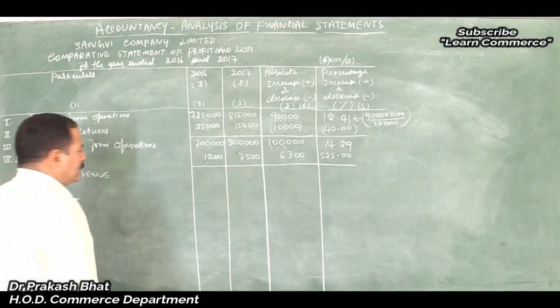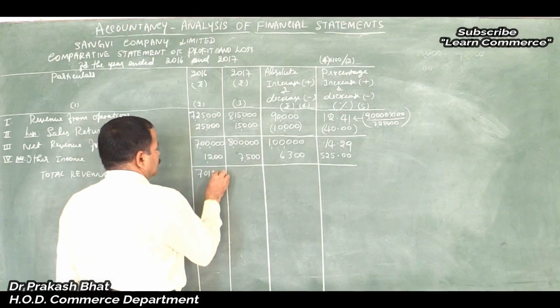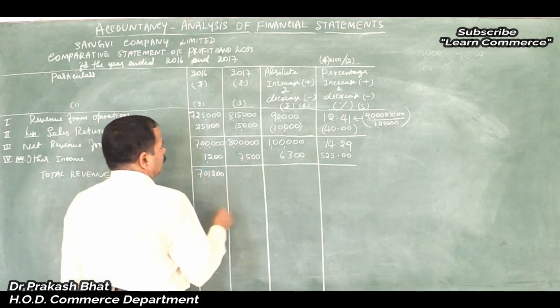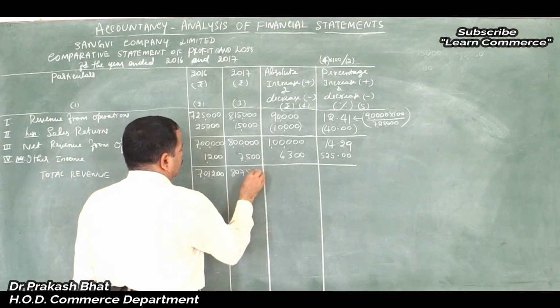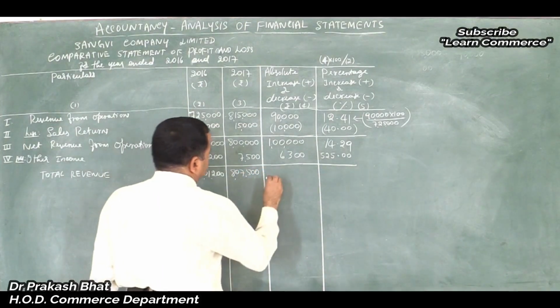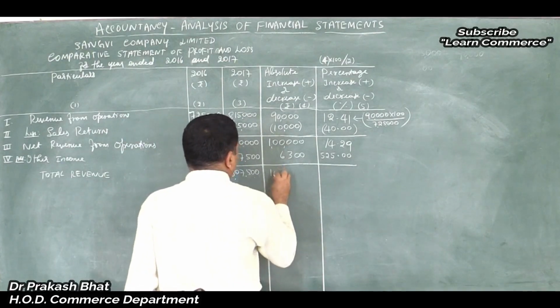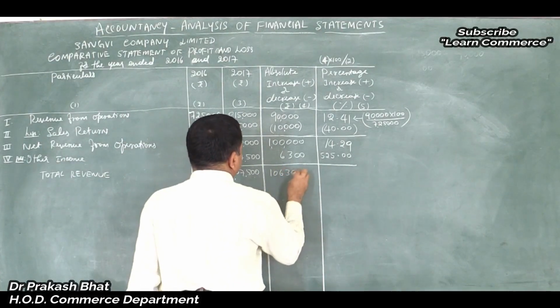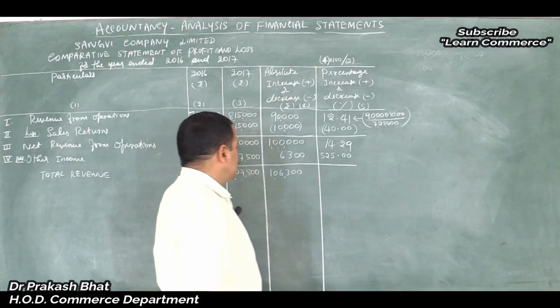Total revenue added together is 7,01,200 here, 8,07,500, and this is 1,06,300.